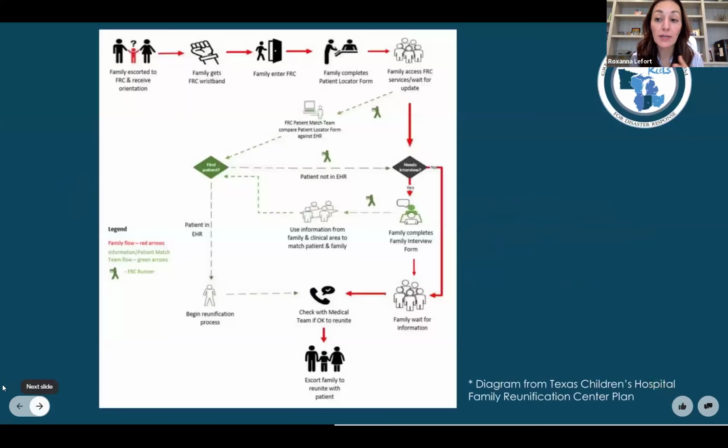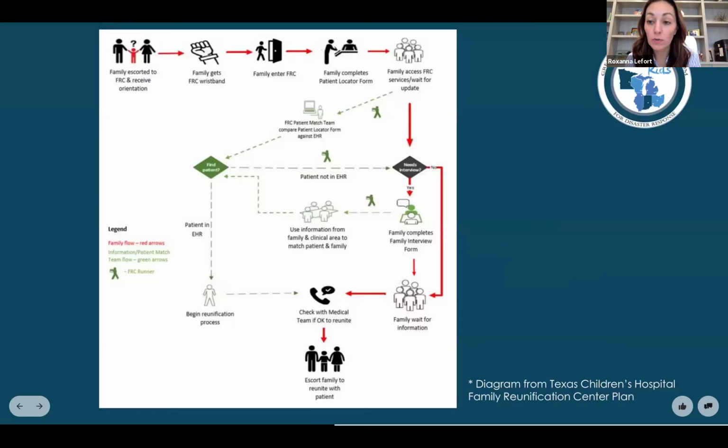So this diagram shows the flow from Texas Children's, which I think they did a great job with. You can see how the family comes in and expresses that they are looking for someone who they think is involved in the mass casualty. They get escorted to the Family Reunification Center. They have a wristband there, which I think is a great idea.